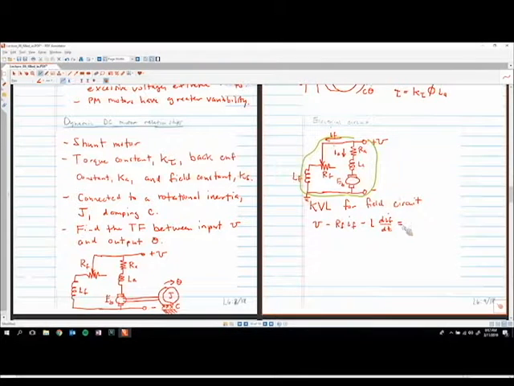And then this has to equal 0, right? Kirchhoff's voltage law says the sum of all the voltage increases and decreases around the loop has to equal 0. So here we're stating one voltage increase across the voltage source, and two voltage decreases across the resistor and the inductor, respectively, and these all have to equal 0. Okay. Any questions about that?